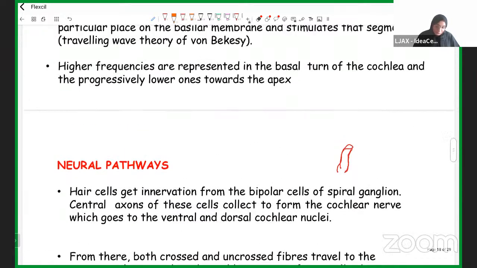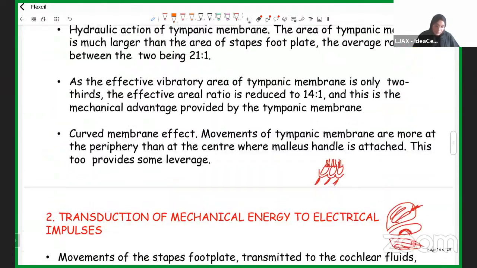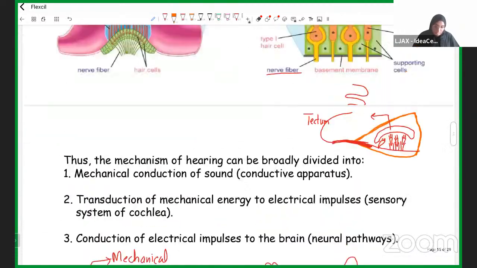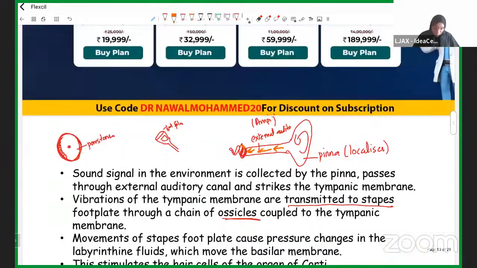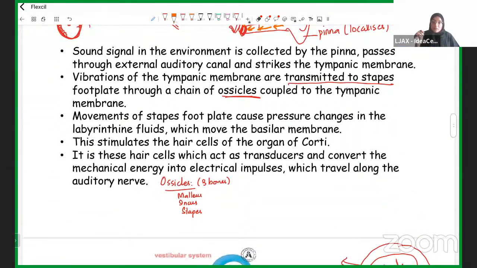Coming back to the long answer we had today, that was the physiology of hearing. Remember that the sound enters from the environment into the pinna, passes into the external auditory canal, and strikes your tympanic membrane.